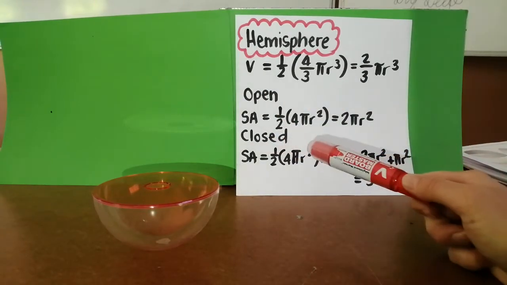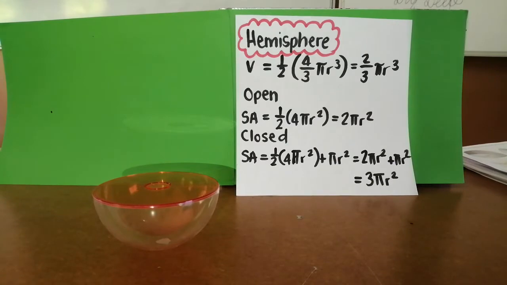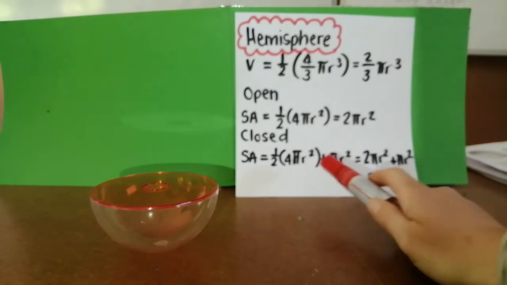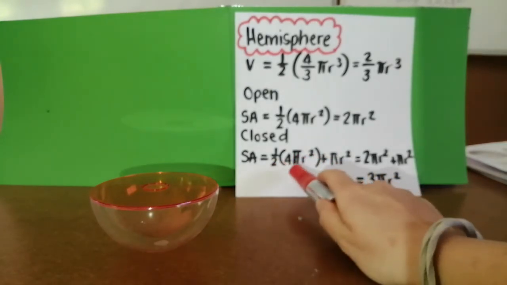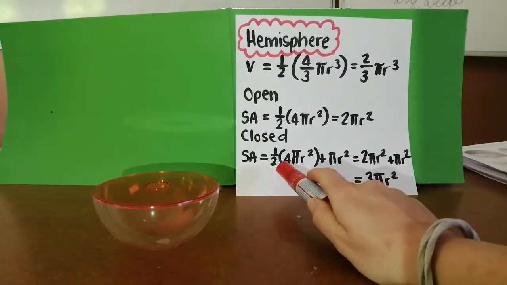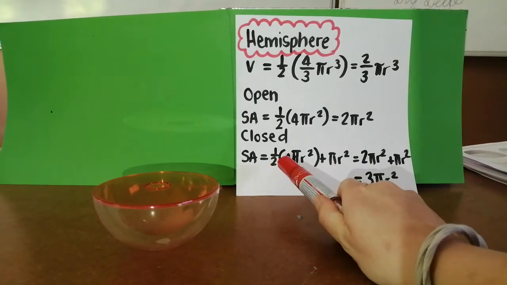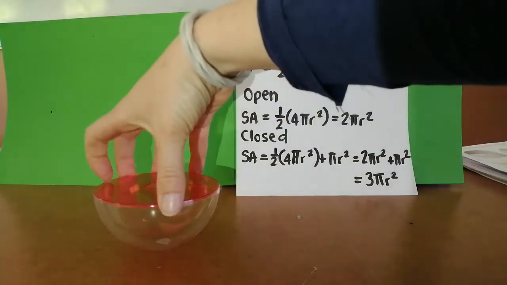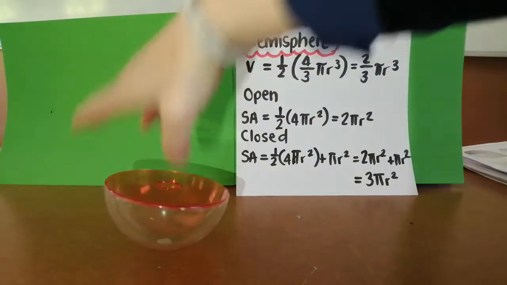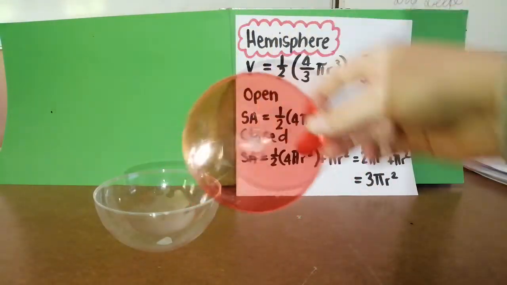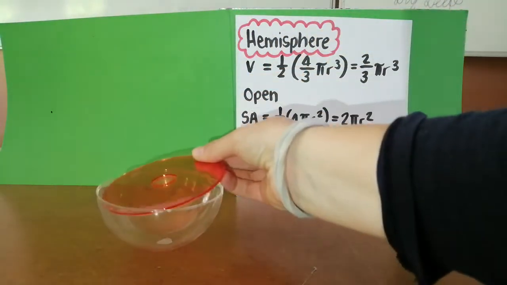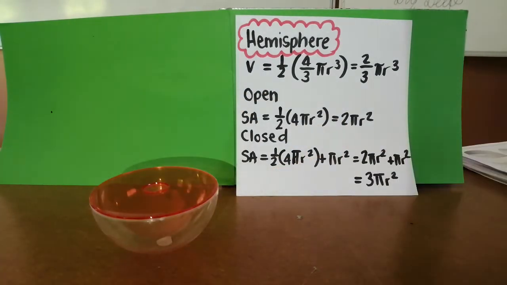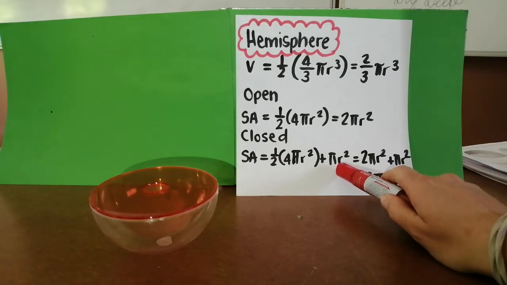Now I should have written closed first because that's what I'm going to talk about. The closed hemisphere is when I've got this lid on top of my hemisphere. So we half the area of a sphere, and I must also add the area of the circle on top. Because it's closed, I've also got the circle that's on top. That's why I half the surface area of a sphere and add the area of a circle.